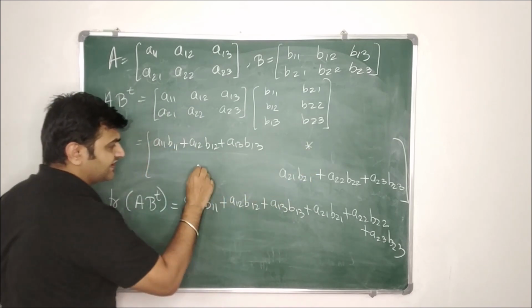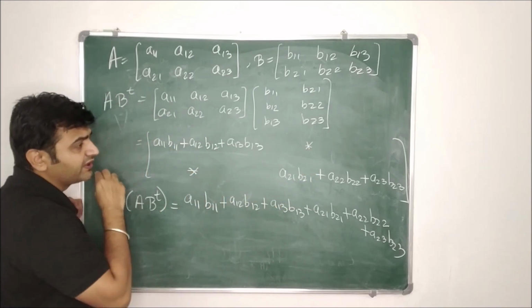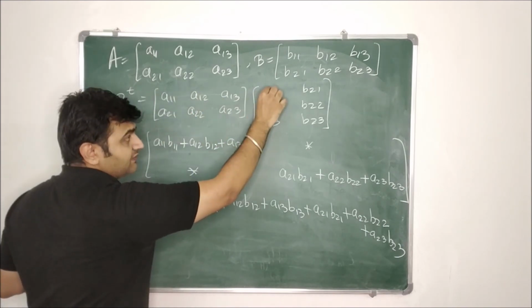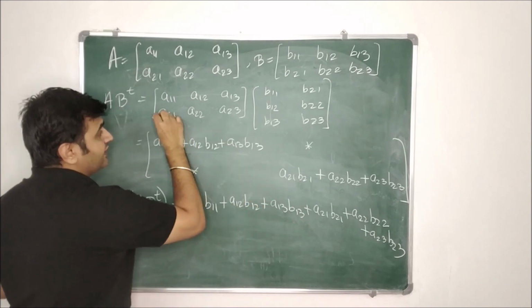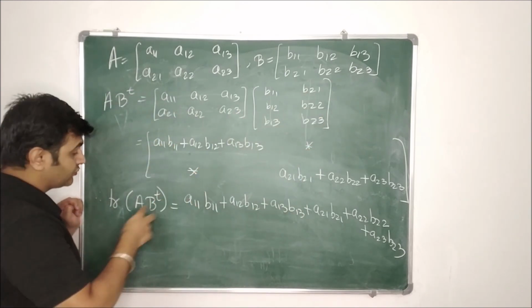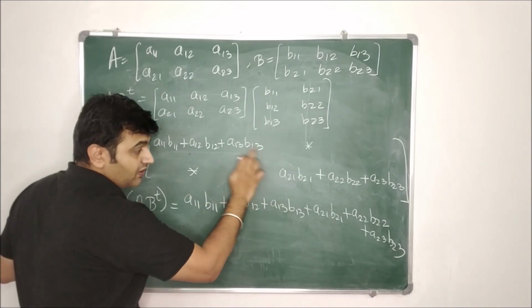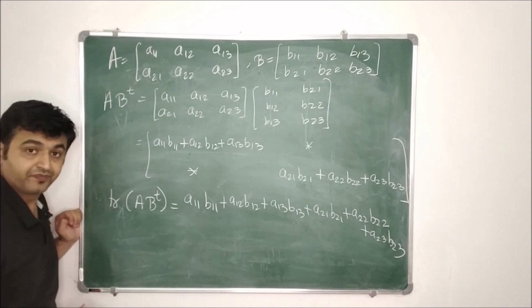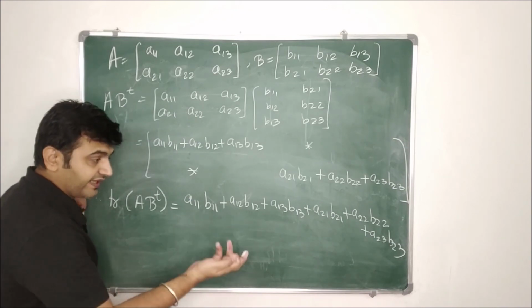I'm not interested in the off-diagonal entries because ultimately I want to find the trace. So I have found this entry with this multiplication, and the last entry with this multiplication. This is my A B transpose. What would be the trace? The sum of the diagonal entries: these 3 components plus these 3 components. This is my trace.